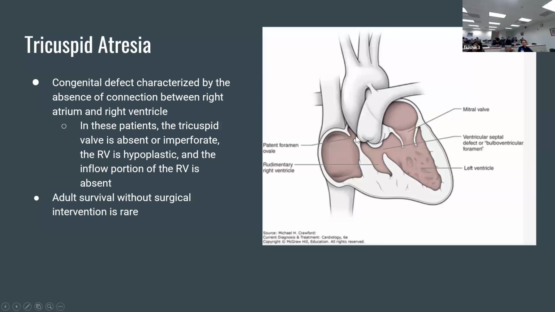They will sometimes have a PFO like you see here. This is the right ventricle. And when you look for this, you're also going to look for communications and other congenital abnormalities like the PFO or the VSD. This one is very rare and will definitely need surgical correction.